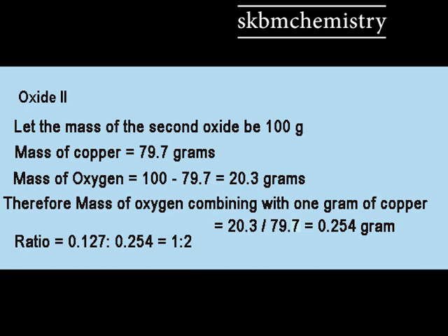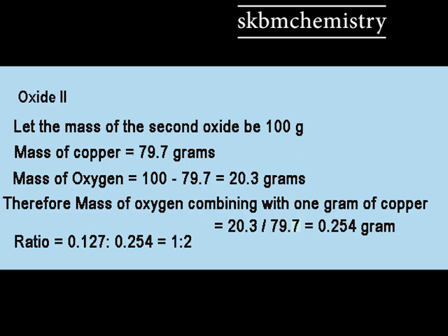From this we have to calculate what is the mass of oxygen combining with 1 gram of copper in the second oxide. That we can get by dividing 20.3 by 79.7, and you will get nearly 0.254 gram.